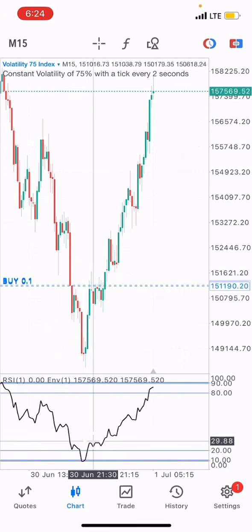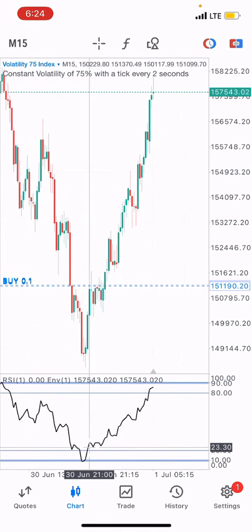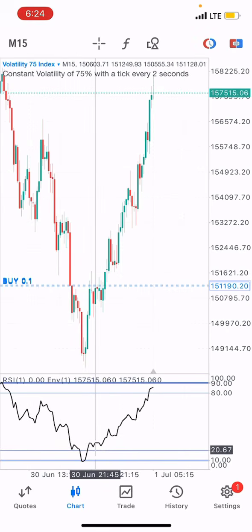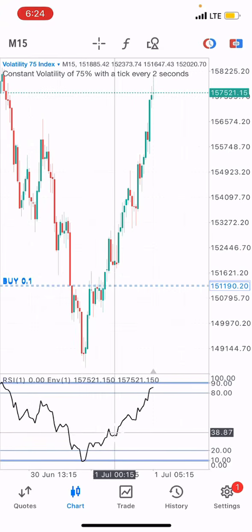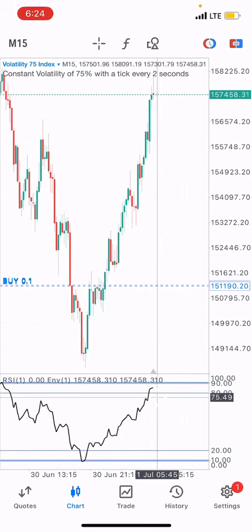So you have to wait for this envelope, which is the black line, to cross the 20 level before you make your entries. The moment the envelope crosses the 20 level, just enter for a buy. Your take profit is going to be the 80 level.